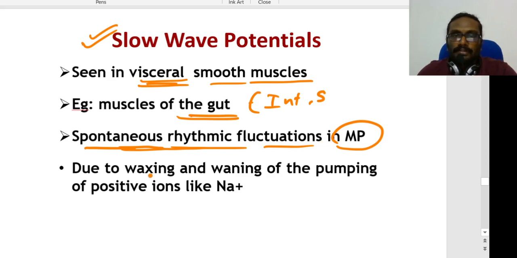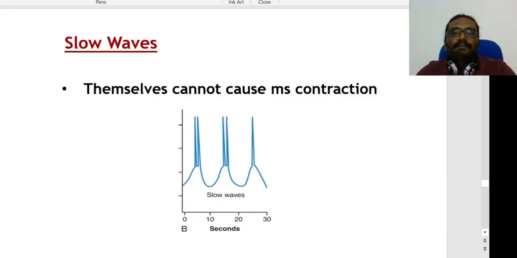So why is this membrane potential having a rhythmic fluctuation? It is due to the waxing and waning of pumping of positive ions like sodium. Positive ion gates would be open and closed, and that is the reason for developing a rhythmic fluctuating type of membrane potential.